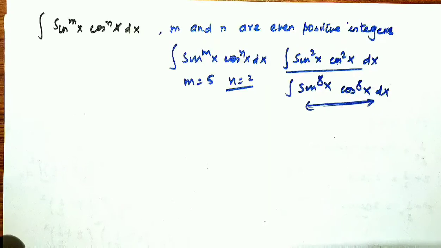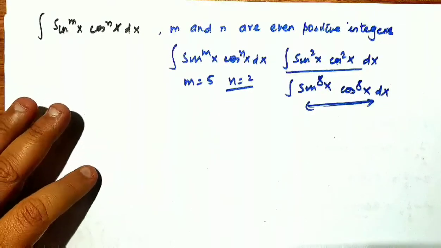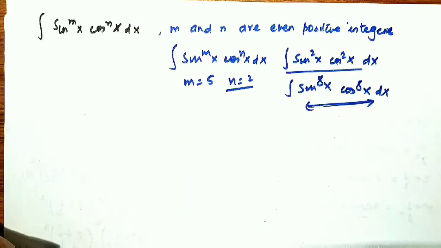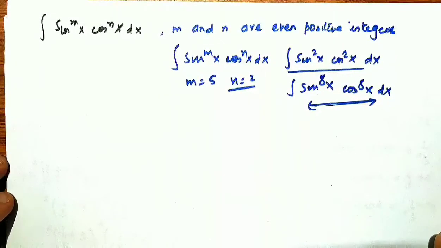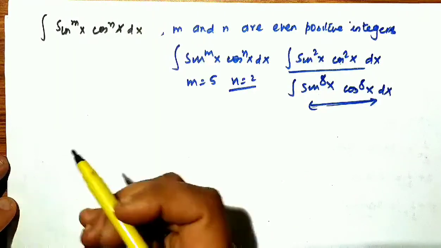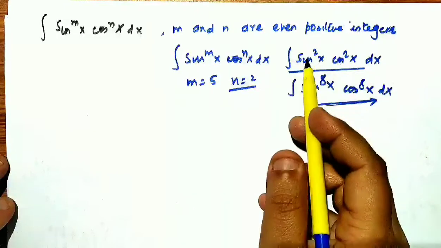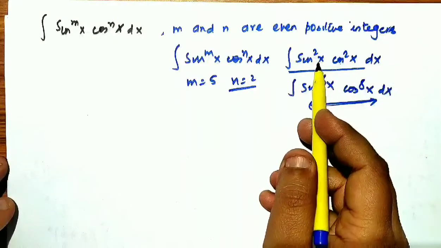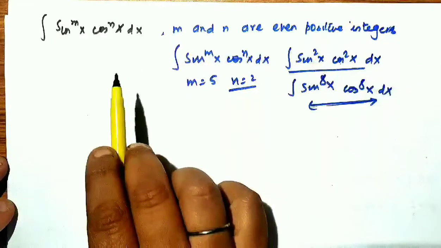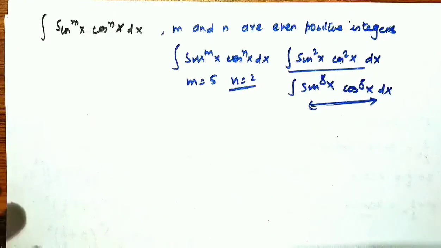So before that, let us see the method we will apply here. We know the idea of a complex number. By using some complex number technique, we will try to reduce this in terms of constants, in terms of complex numbers. Let us see the procedure. We are developing an algorithm that we are going to learn so that we can use it whenever both powers are even natural numbers.